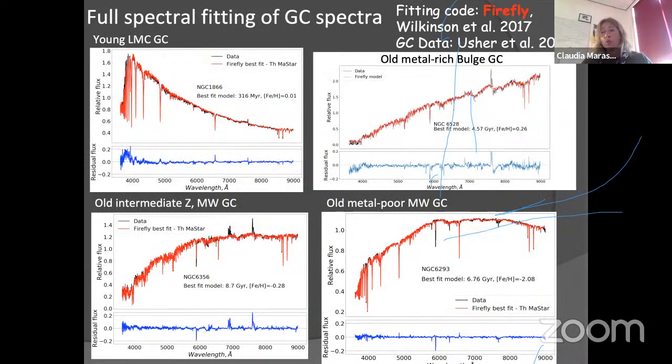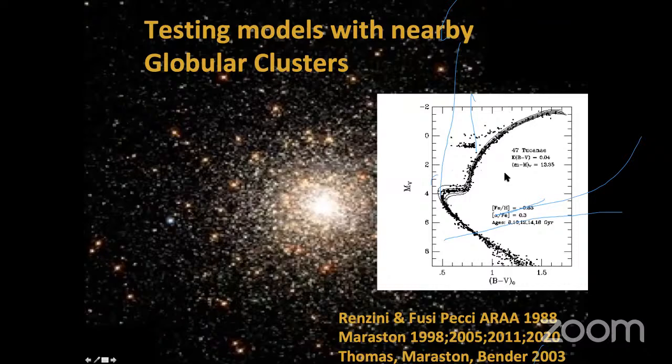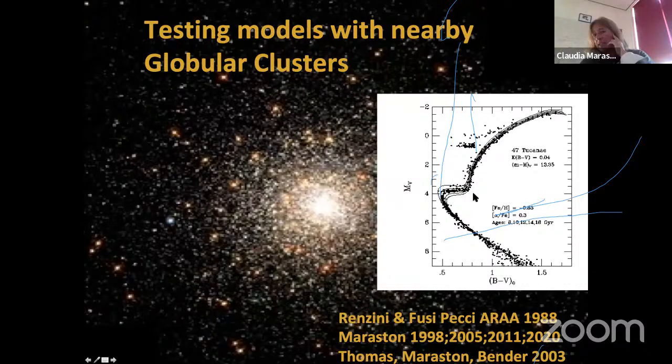The metric we use is essentially when you perform this fit. Let us first look at the globular clusters. You will derive, you see here, the best fit model that gives you exactly this age, 4.57, metallicity 0.26. Exactly. In case of globular clusters, you have age and metallicity from resolved studies that are independent of the models.